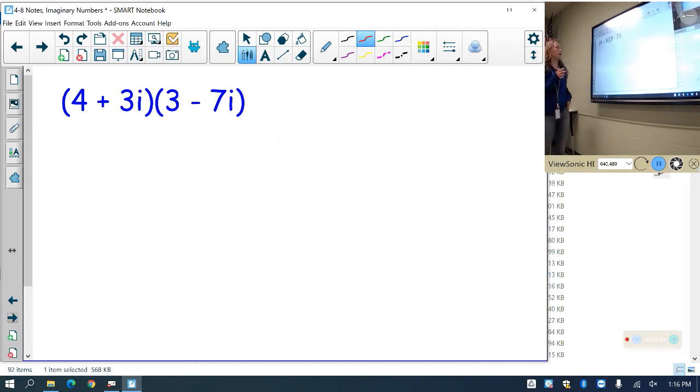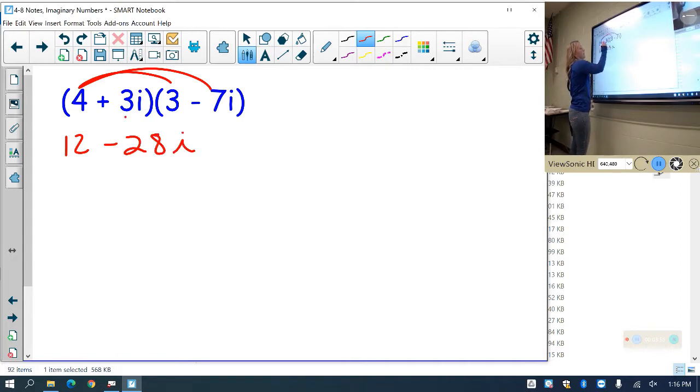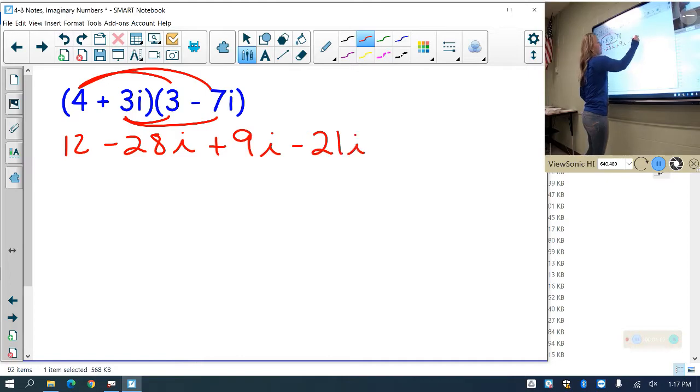Now, when you're foiling complex numbers, you're going to do the same thing. The biggest thing you need to remember, you can only combine like terms, and that i squared is actually negative 1. So when I FOIL this, 4 times 3 is 12. 4 times negative 7i is negative 28i. 3i times 3 is 9i. And 3i times negative 7i is negative 21i squared.